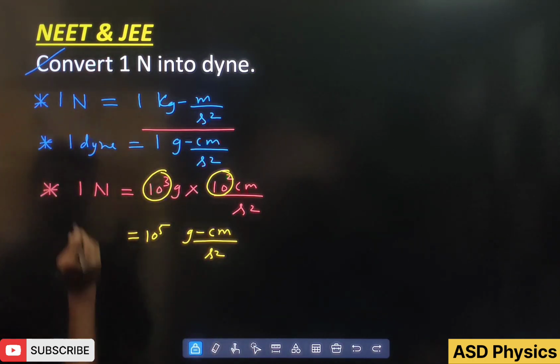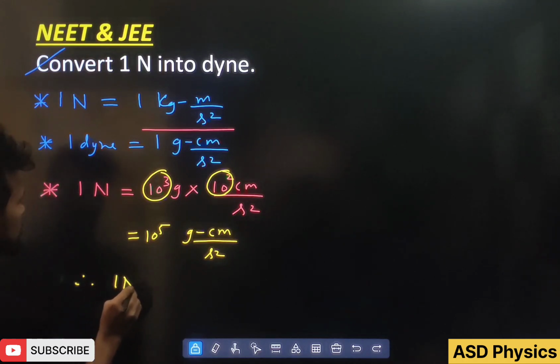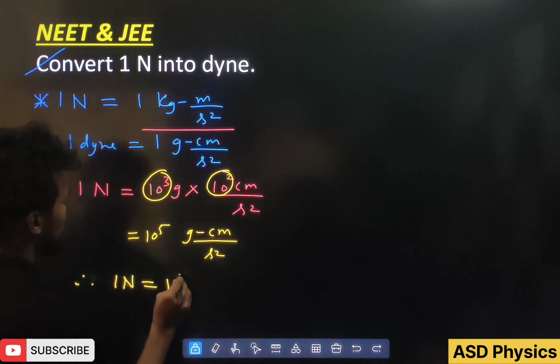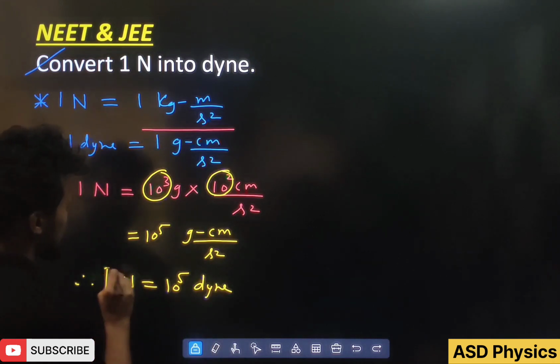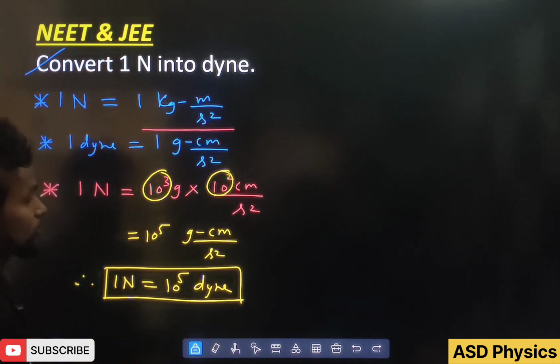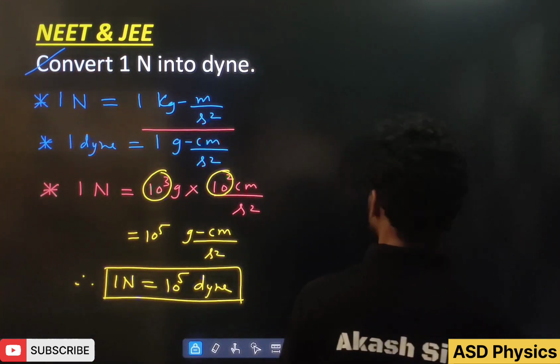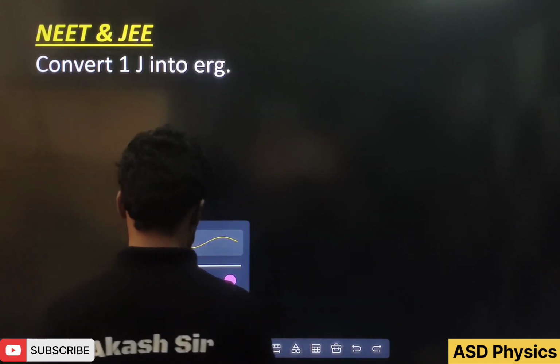And what is this? This is the dyne. So 1 Newton is equal to 10 to the power 5 dyne. Students, here also N1 U1 equal to N2 U2 is involved, but we are doing it directly because it is MKS to CGS. All these are standards.